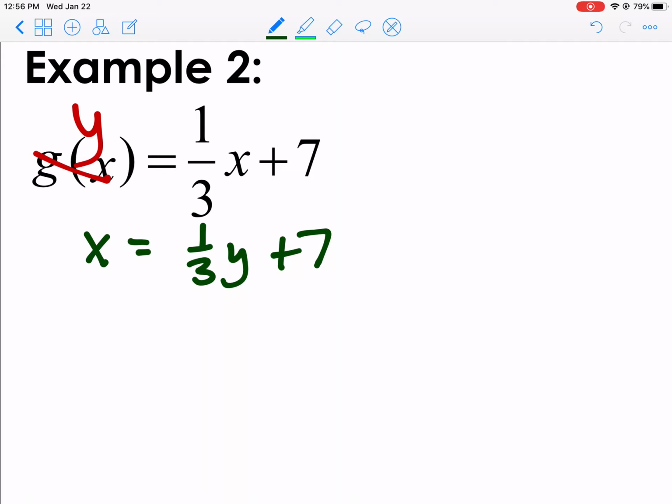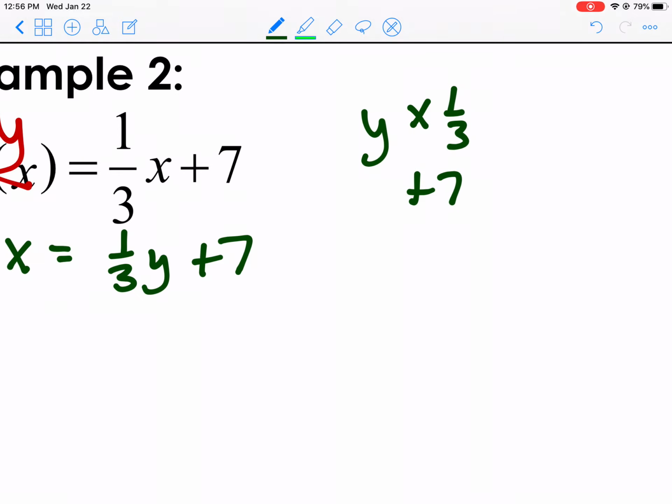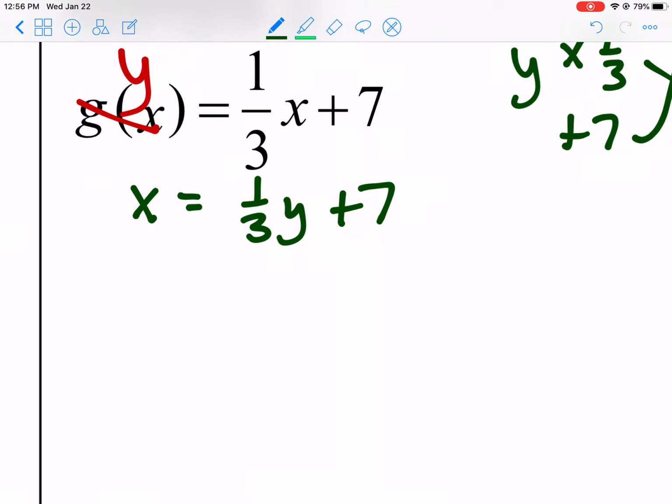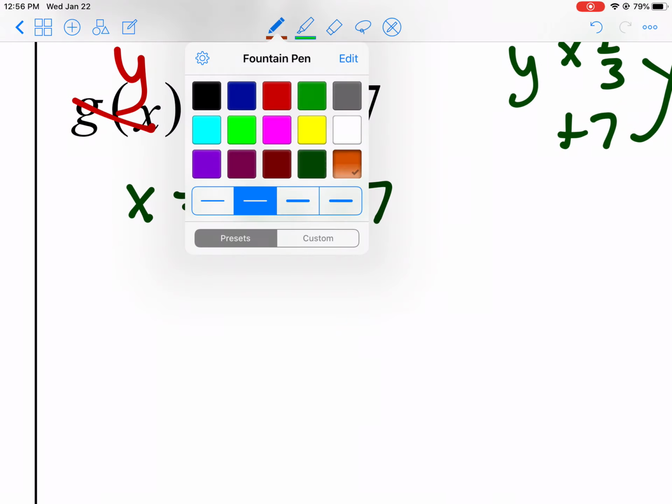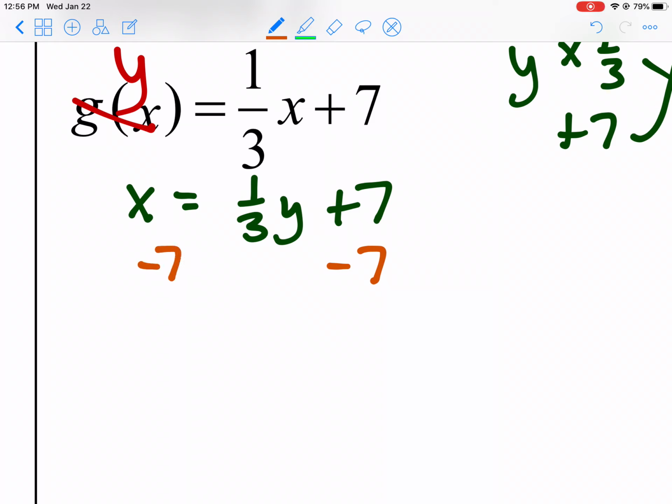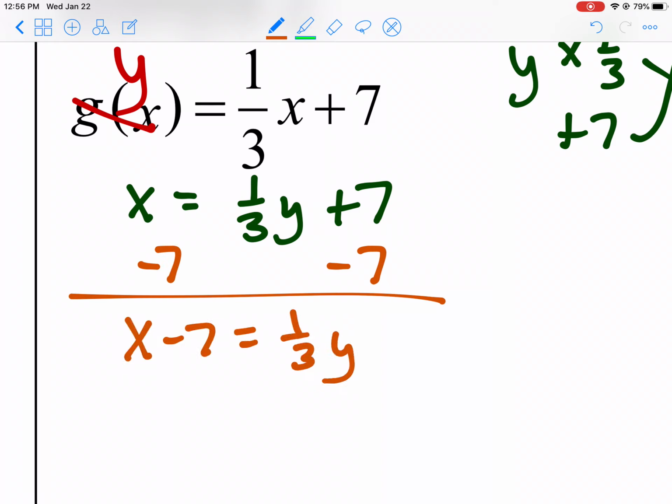Okay, if I want, I could write a list of what's happening right now. Y is being multiplied by 1/3 and has 7 added to it. So I'm going to do the inverse things. I'm going to subtract by 7 and then divide by 1/3. Okay, so let's take a look over here. If I want to get y alone, I would start by subtracting 7 from both sides. Then I could divide by 1/3.